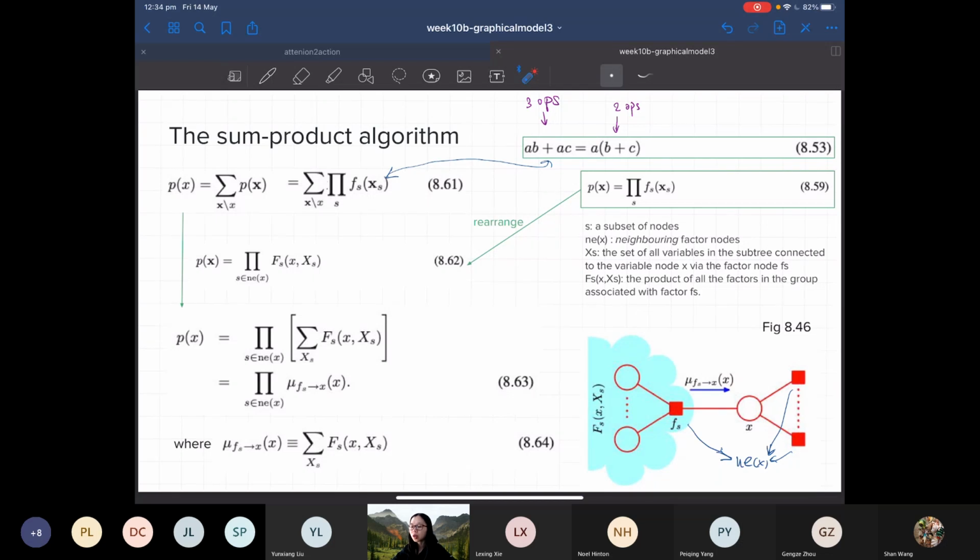And we also rely on the fact that the factor graph is a tree. Therefore, if we treat X as the root node, then these factors are its immediate children nodes.